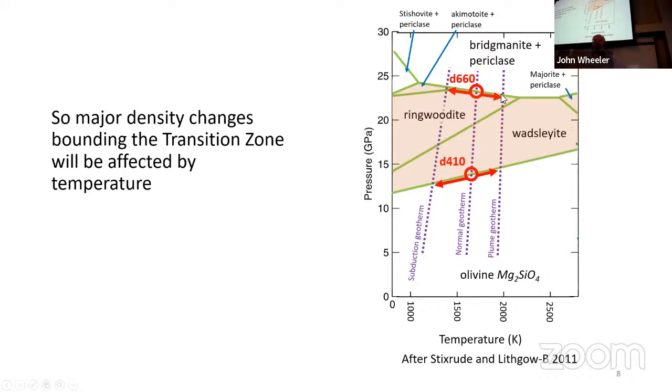It's quite hot, so the D660 reaction should happen at shallower depths than usual, and then the D410 should happen at deeper depths. Do you see that means the mantle transition zone should be narrower when it's hot? And to fast forward a bit, these depth differences are measurable now.